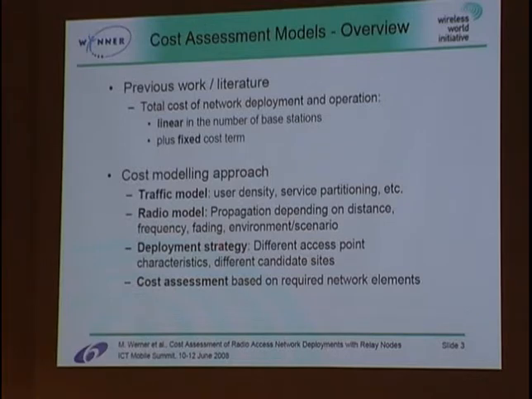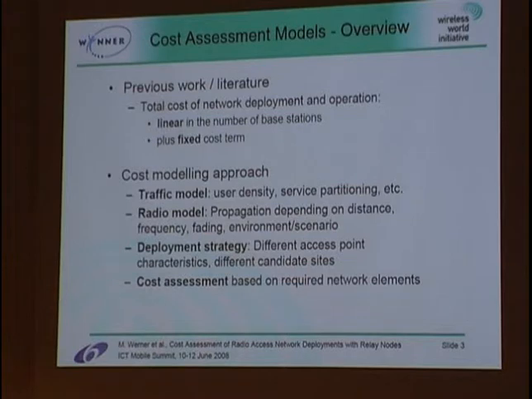Then we have a certain deployment strategy. So, for example, it might make a difference if a certain operator already has some 2G or 3G base stations available. He will very likely place the beyond 3G base stations at the same place. And that is a totally different constraint compared to a greenfield operator who can basically choose the base station locations from a set of candidate sites, for example.